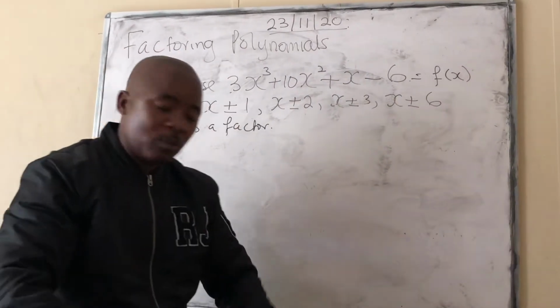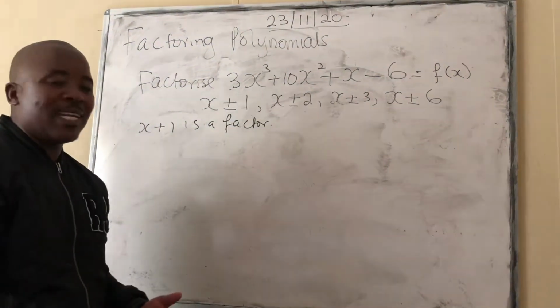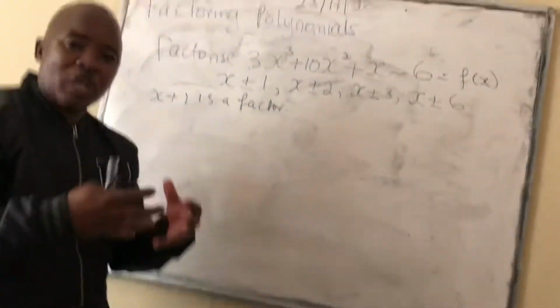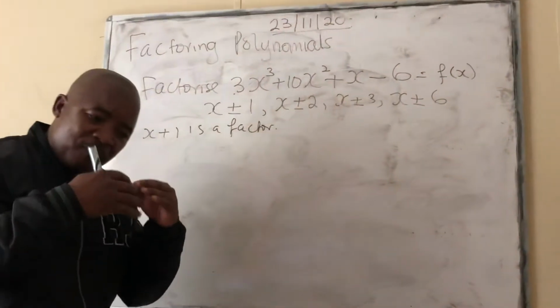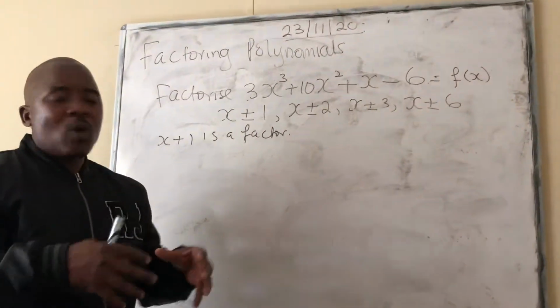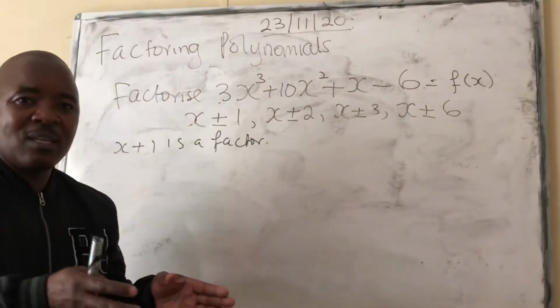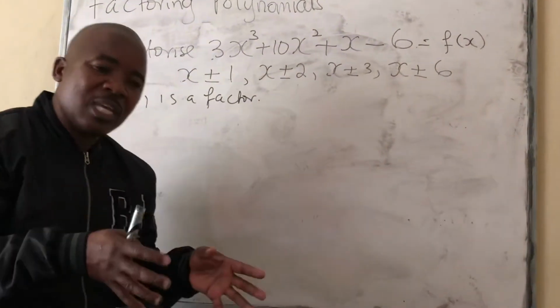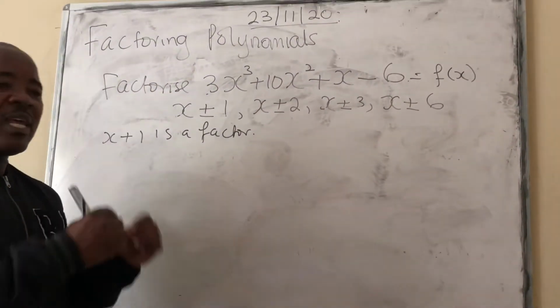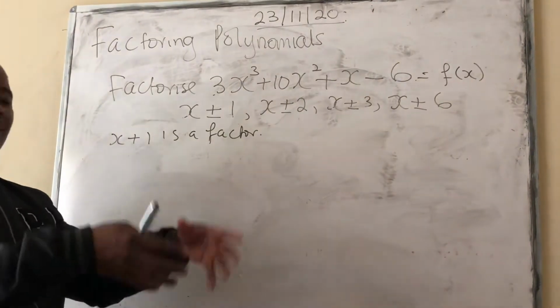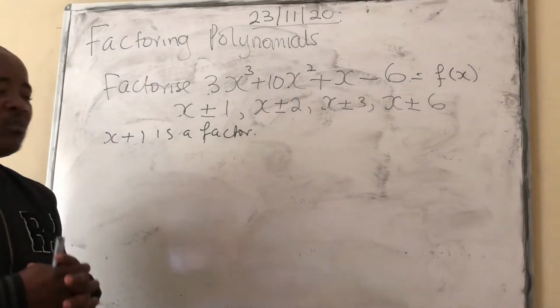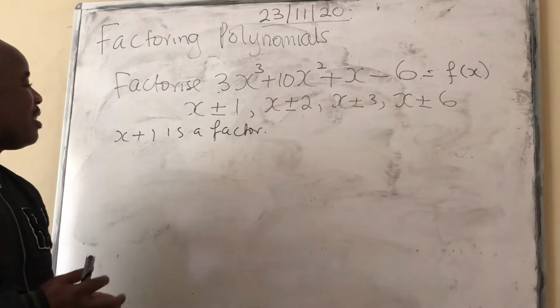We cannot keep continuing using trial and error. We only do trial and error for the first factor. Once we've established that this expression is a factor, then we move on to the other methods like the long division method and the synthetic division method.